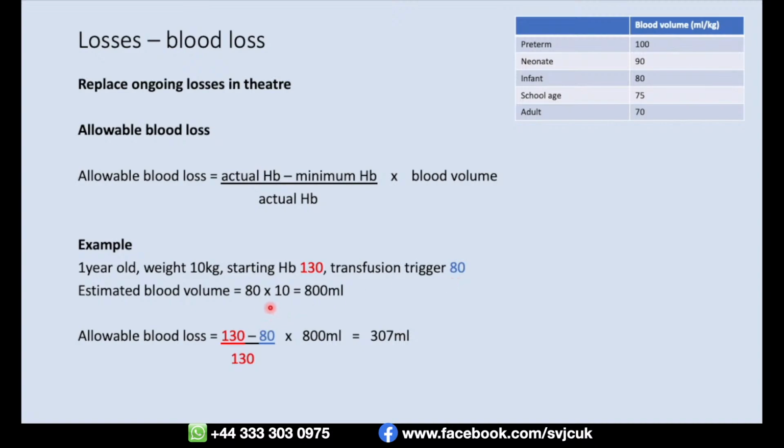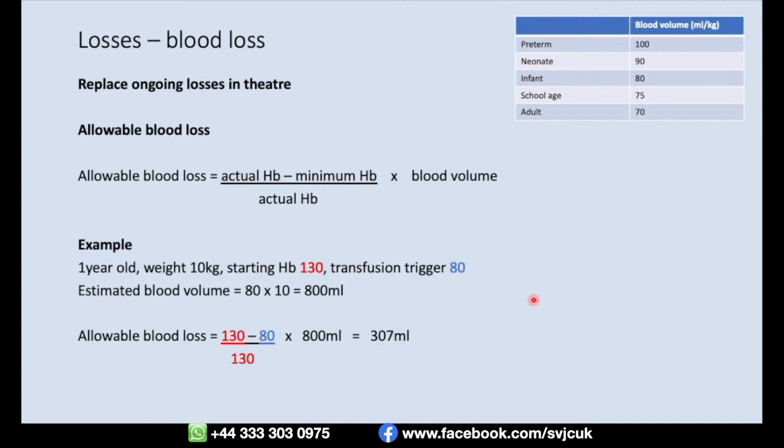We can estimate their blood volume by, up here, 80 mils per kilo times 10 kilos will give us 800 mils. And then we plug these numbers into the equation here, and it tells us our allowable blood loss is about 307 mils. So we can ask the scrub team to be measuring blood loss by weighing swabs and looking at what's in the suction. And when we're getting anywhere near this, we can be thinking about transfusion.